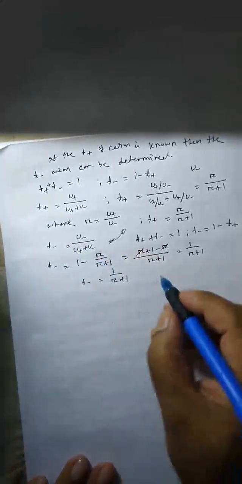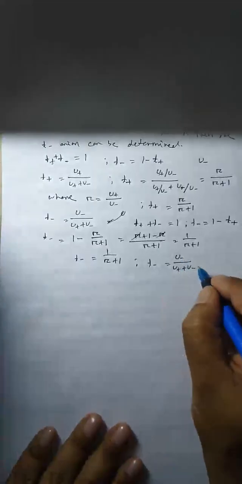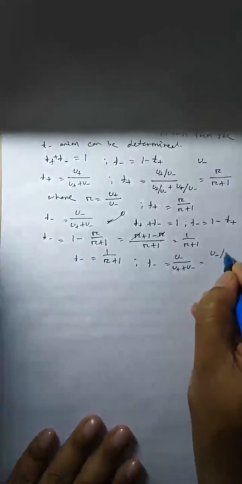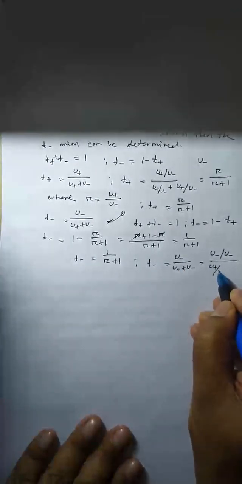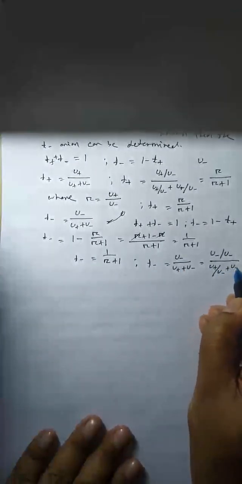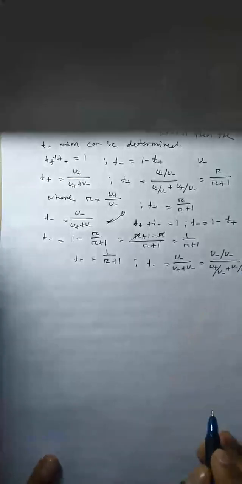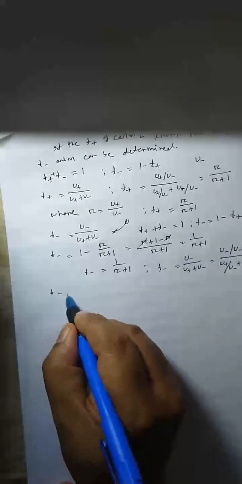You can also determine it from the transport number of the anion. How? The transport number of the anion is u minus divided by u plus plus u minus. Dividing throughout by u minus, we get the transport number of the anion equal to 1 divided by r plus 1, where r is the speed ratio, cation by anion.